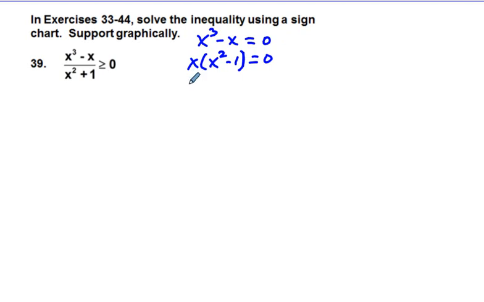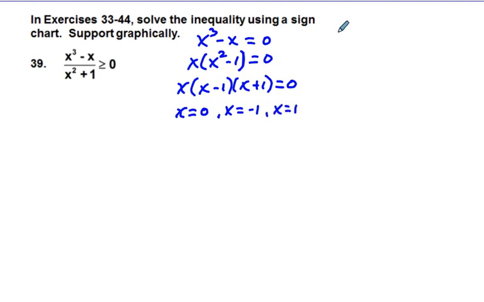And finally, using the difference of squares, we'll have x times quantity x minus 1 times quantity x plus 1 equal to 0. So our critical numbers based on this would be x equals 0, x equals -1, and also x equals 1.